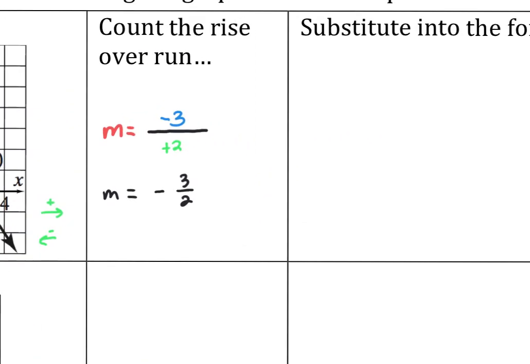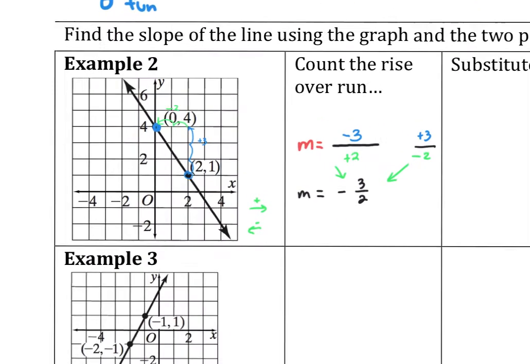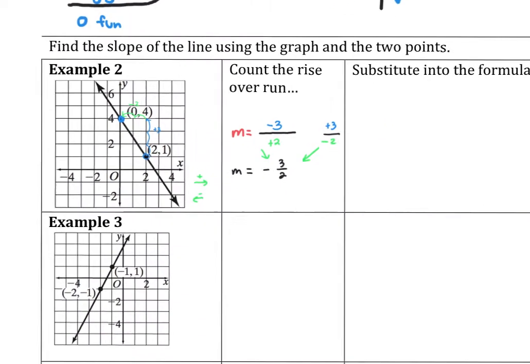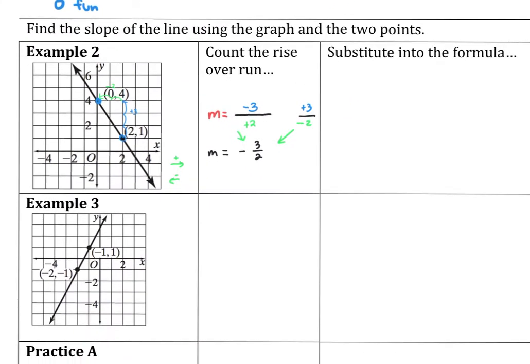So no matter which way we had done it, had we said a positive 3 over a negative 2, the answer is still the same. Why? Because my negative can now just come out in front of the fraction there. So it doesn't matter which one you start at. The important part is that you know your directions, up, down, left, right, which one's positive, which one's negative.